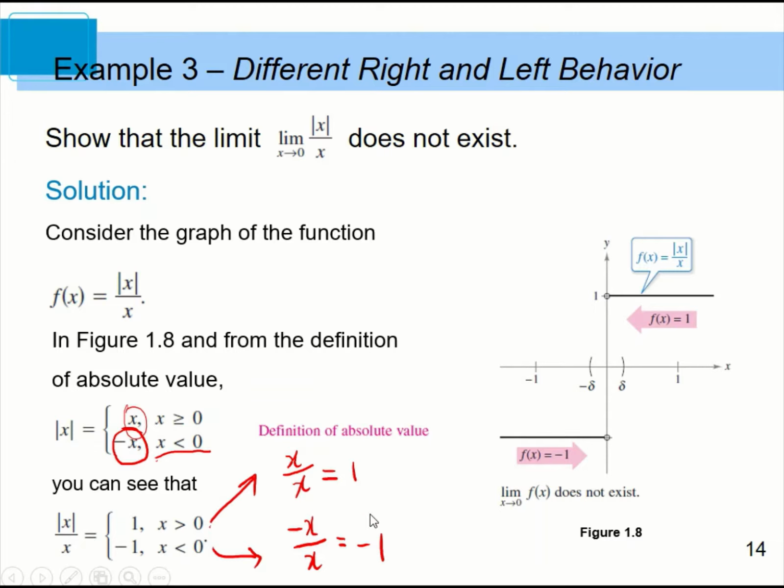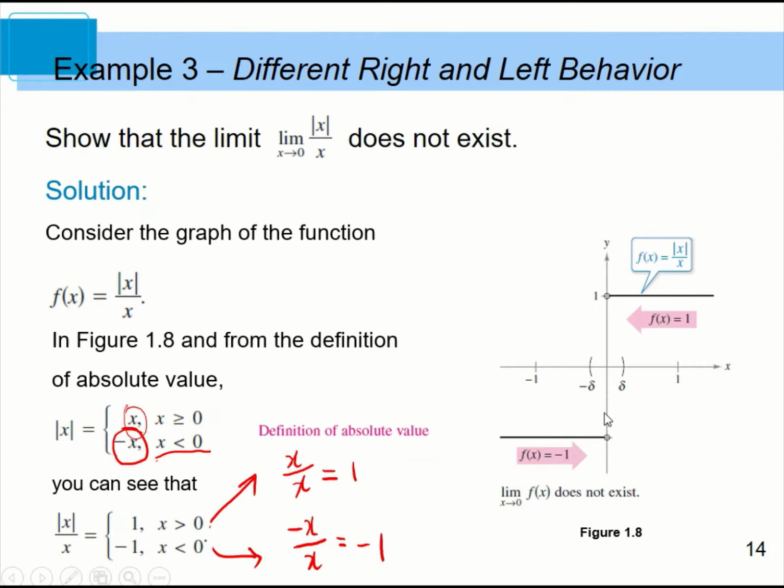So when we sketch the graph, we can observe that the graph is something like this. The graph will be 1 when the x is more than 0, and negative 1 when the x is less than 0.